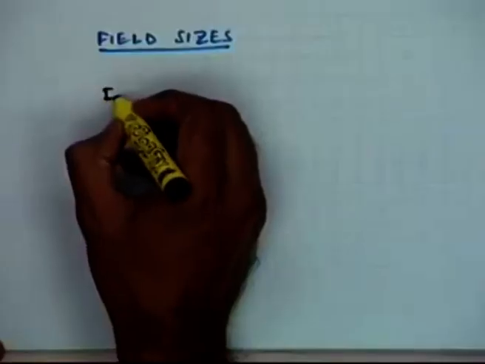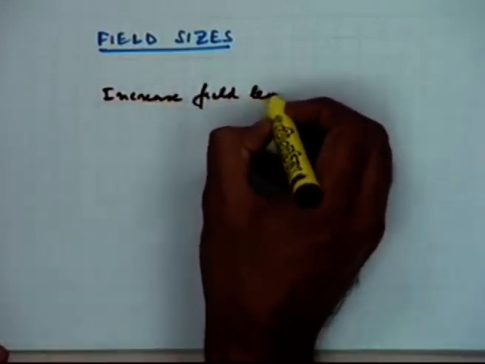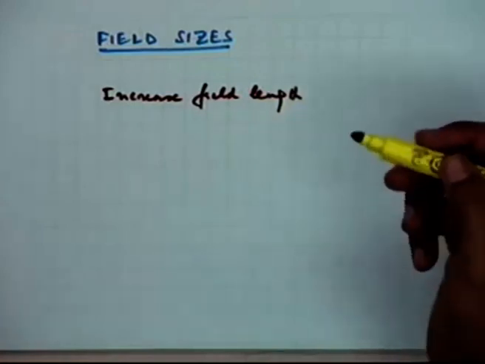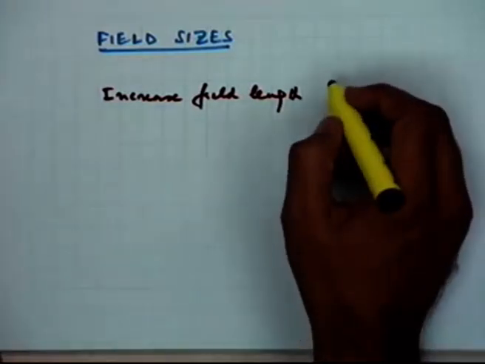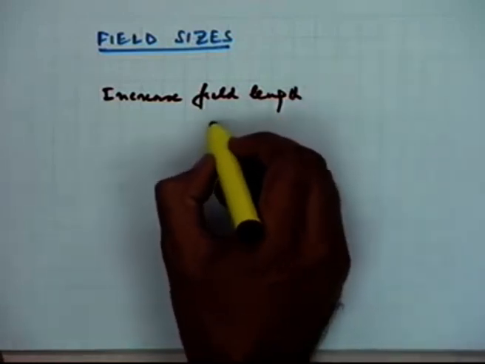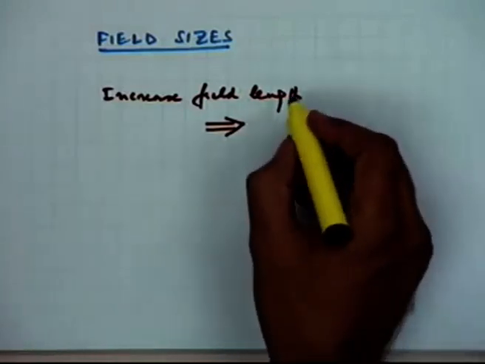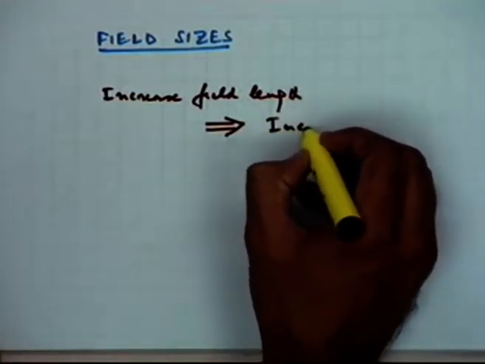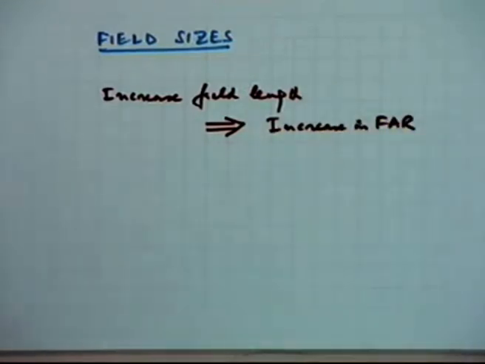And in general, you will find that if you increase the field length, in the case of furrow irrigation it will be the furrow length, because a field is composed of many parallel furrows, by increasing the field length, what it results in is an increase in the FAR.